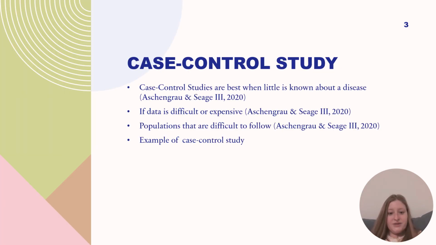So the case control study is best when there's little known about a disease, if data is difficult or expensive to achieve, or the population is difficult to follow. The article, Healthcare Disparities Among Persons with Comorbid Schizophrenia and Cardiovascular Disease, a Case Control Epidemiological Study by Gall, Muntz, and Lavav, is a great example.